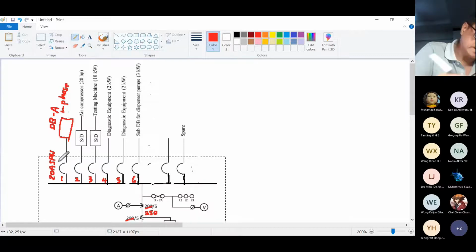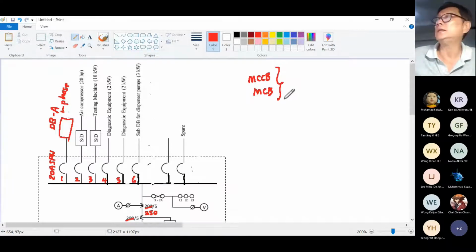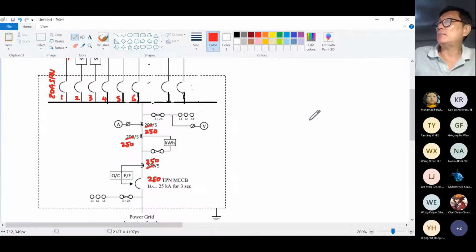Now, whether this board is going to be MCCB or MCB, you need to do one calculation first. Because we need to determine what is the value of the breaking capacity.